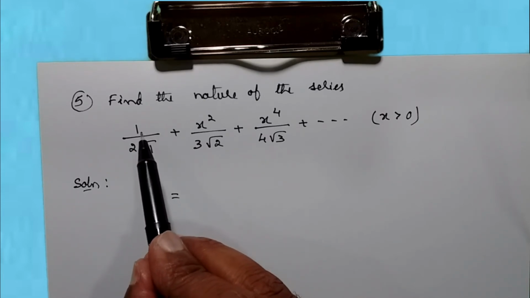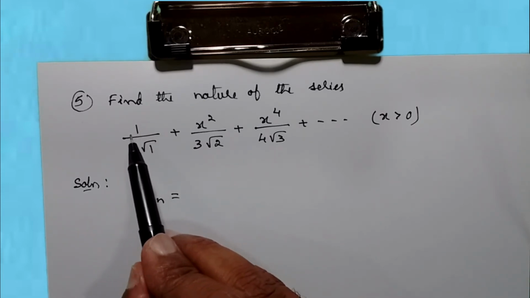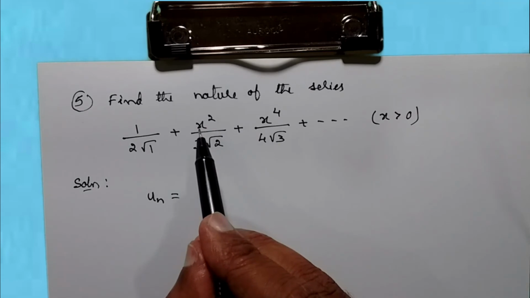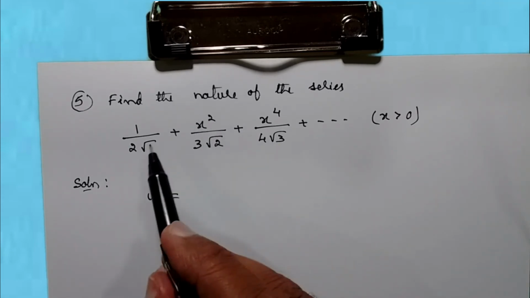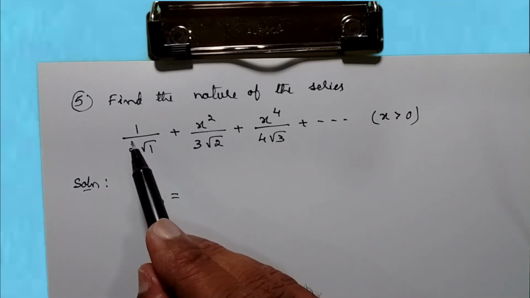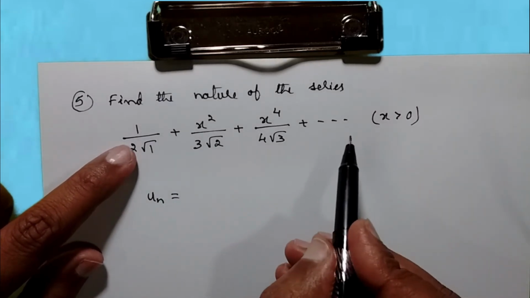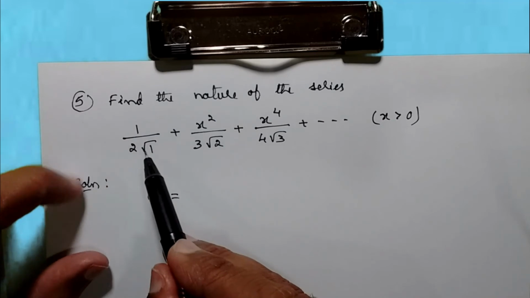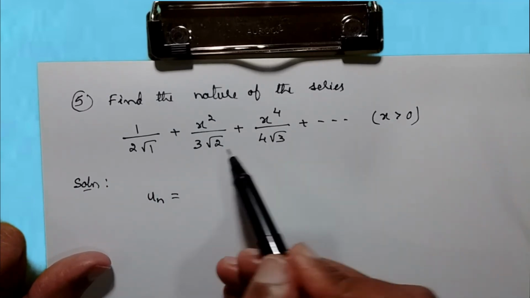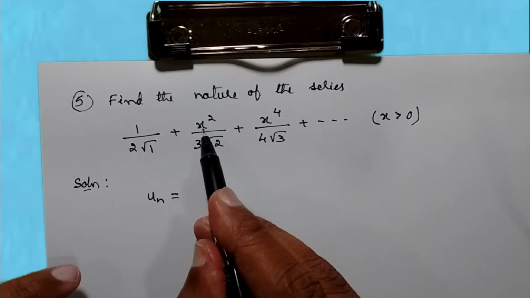However, the first expression does not contain the value of x. So we'll start with the second expression onwards, because we cannot consider this value. Just ignore this value, because in an infinite series, even if one value is omitted, nothing will happen to the series. So we'll start from here, the second term onwards.